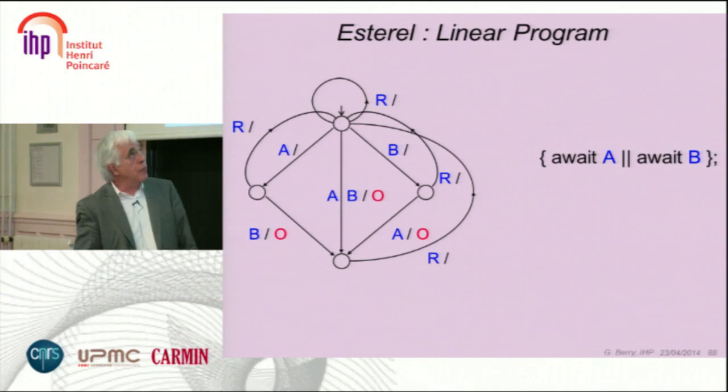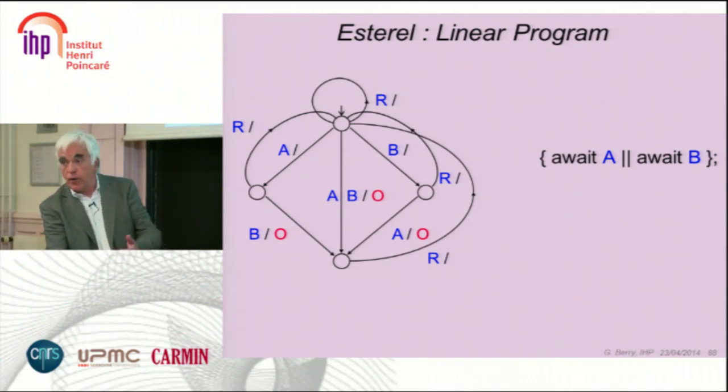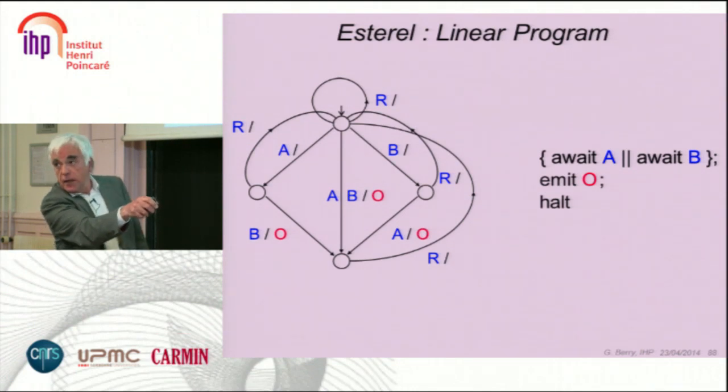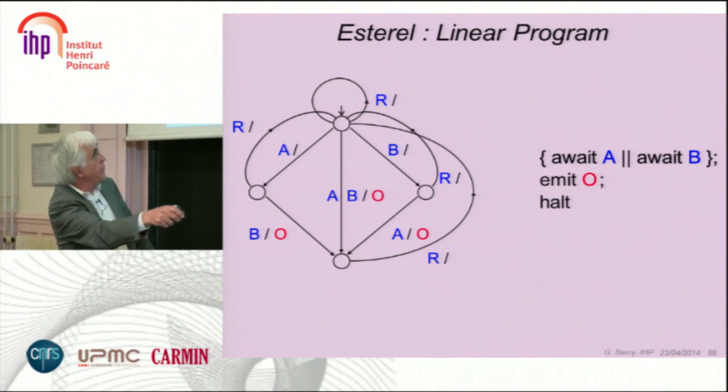Semicolon takes 0 time, no problem. Await A waits for A, but then the administration is free. Emit O, you see this will generate the diamond. Emit O, because this doesn't take time. It's not like Social Security. Administration is free, takes no time.